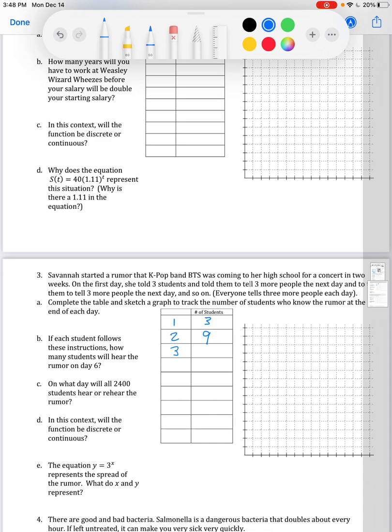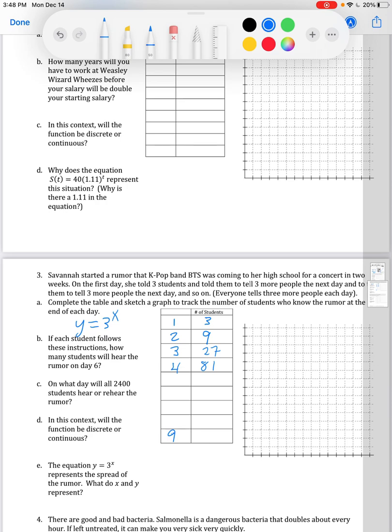Third day, they tell 3 more. And we get 27 students that know the secret. Fourth day, 81, and it follows the pattern y is equal to 3 to the x. Now you'll notice when we get down to somewhere like here in the 9th day, that number is going to be very, very big.